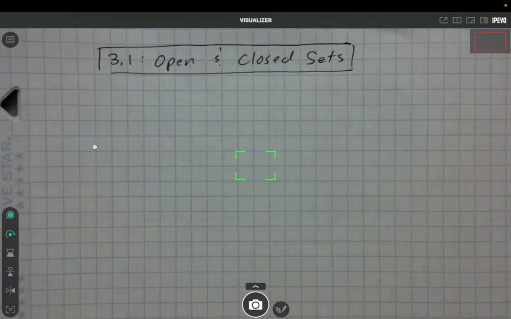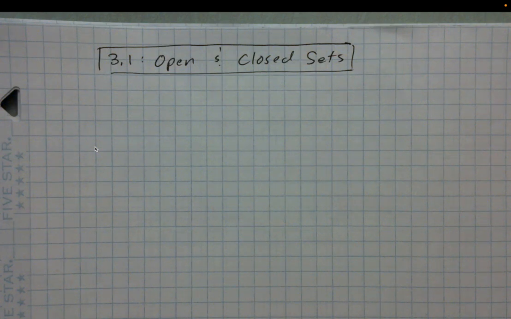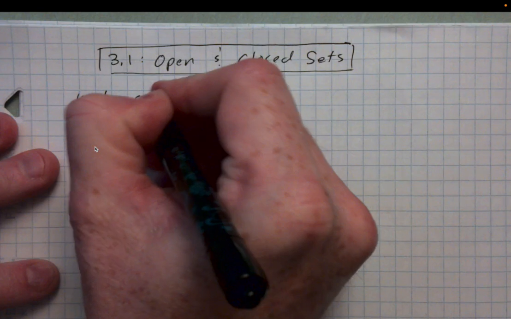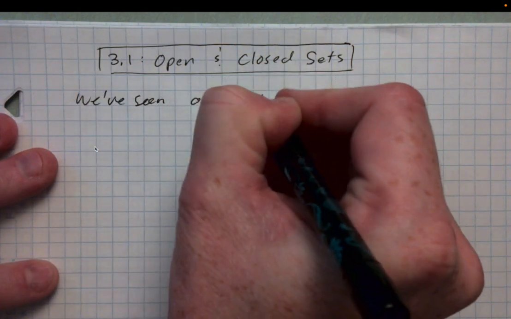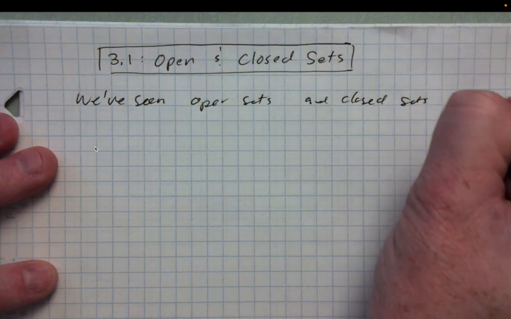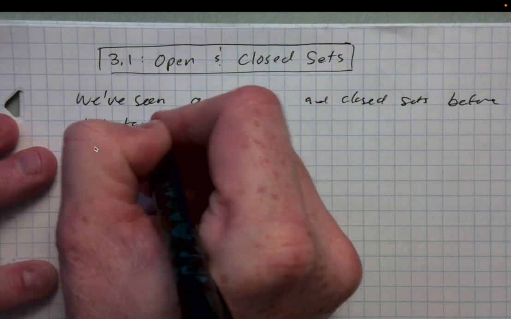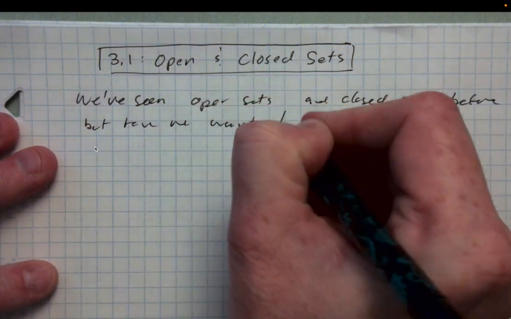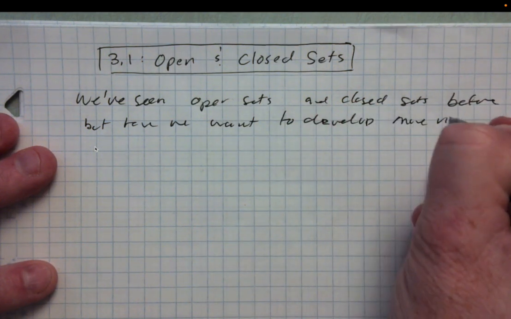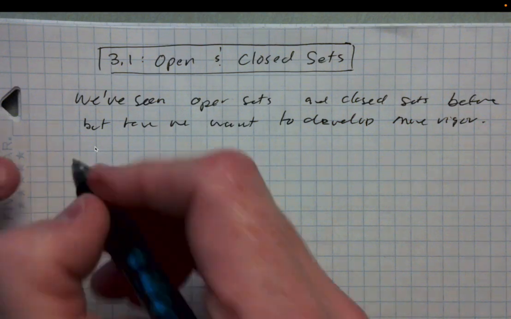What we're interested in doing with this section is defining with some amount of rigor and then characterizing what we mean by open and closed sets. We've seen open sets and closed sets before, but here we want to develop more rigor around these concepts.